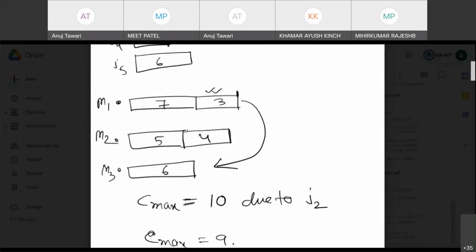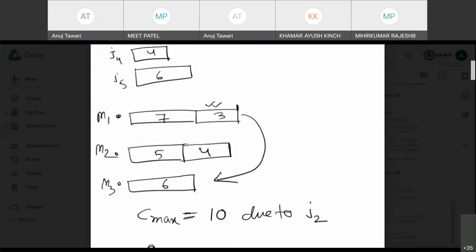Okay, you can think about this, what we can do to minimize the makespan. And if there are any questions regarding this problem or the approximation factor we have analyzed initially, let me know.